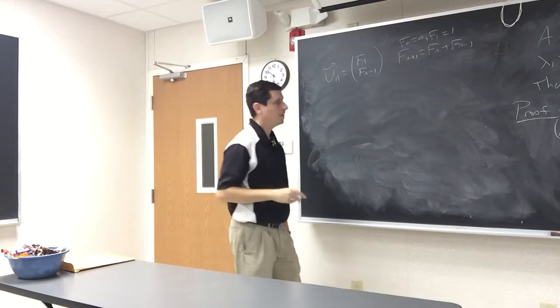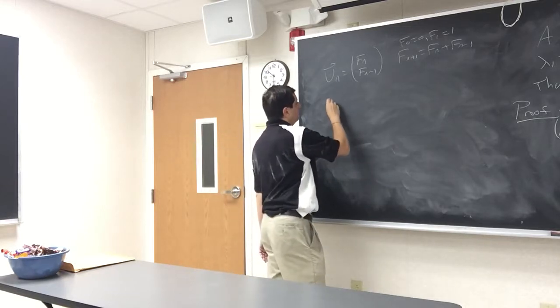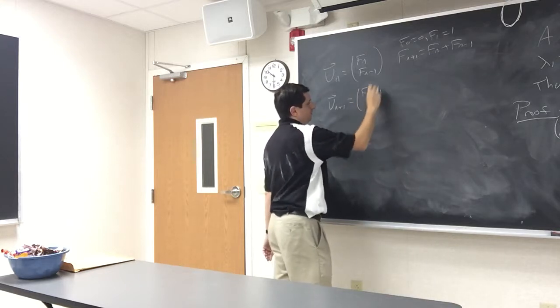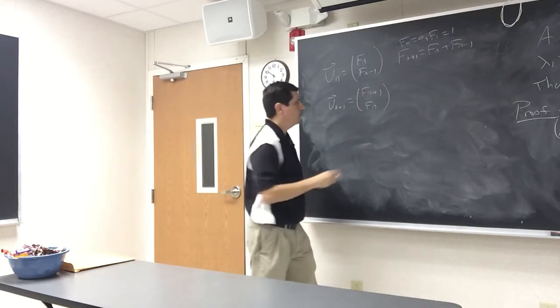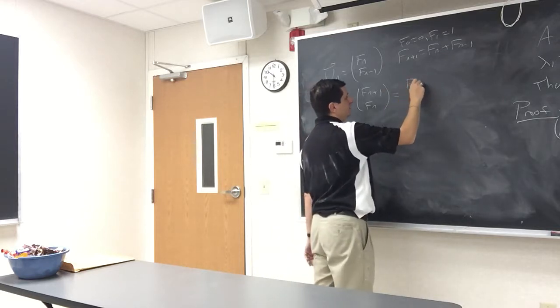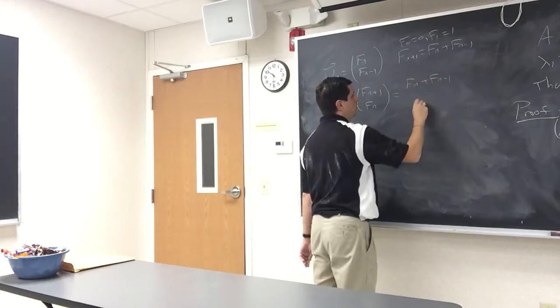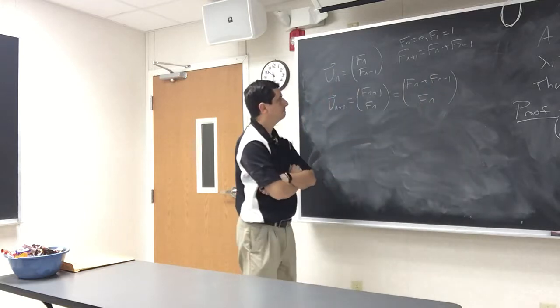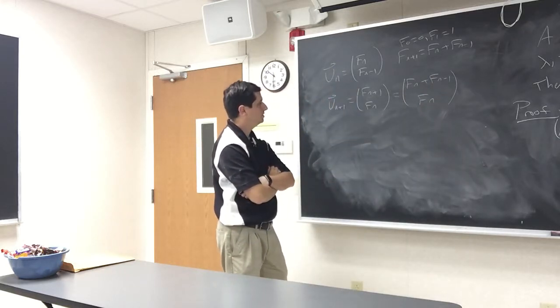So v_{n+1} is going to be (F_{n+1}, F_n). Well, F_{n+1} is F_n plus F_{n-1}, over F_n. Let me see if this is how I want to do it.